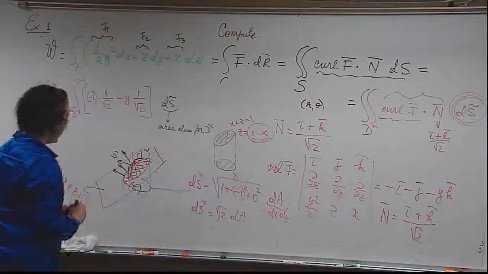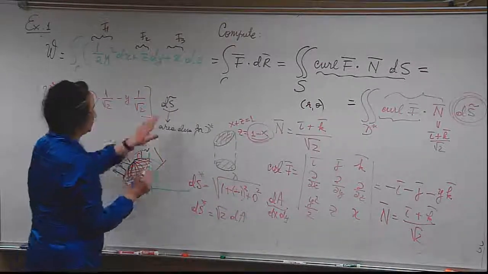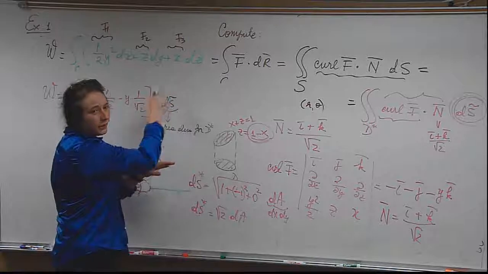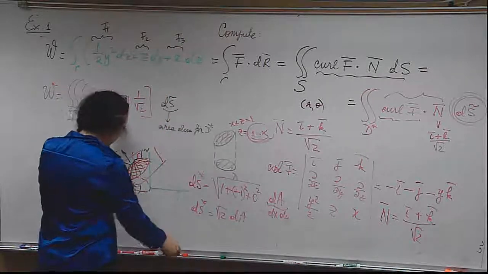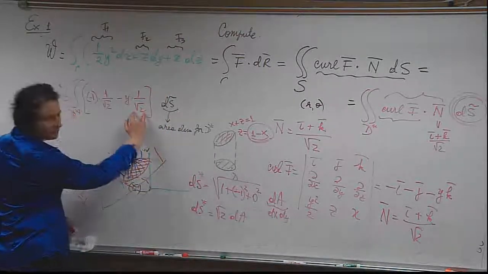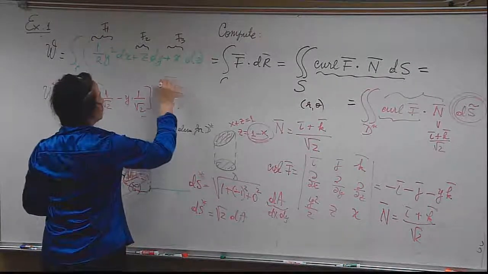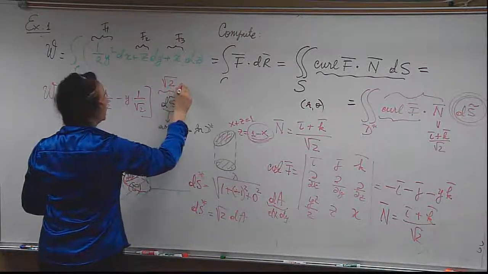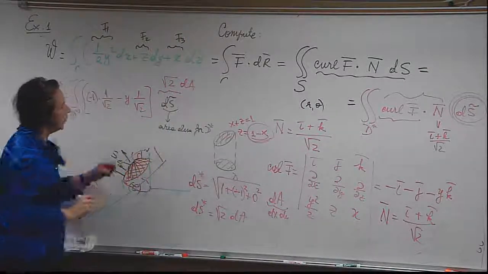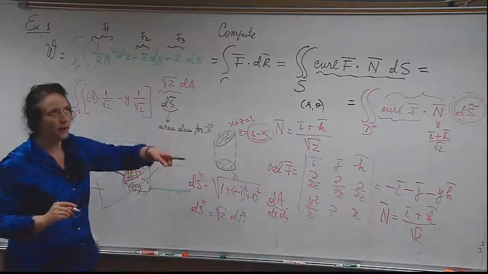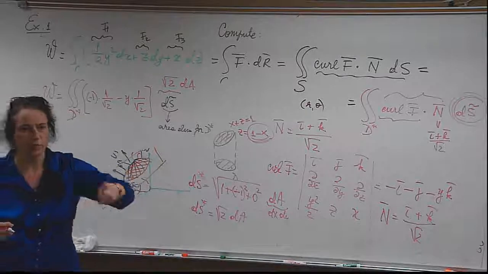Again, the old trick that I taught you guys is that this will always simplify with the element on the bottom of the n. Say what, Magdalena? Say it again. Square root of 2 dA. This is that magic square root of 1 plus f sub x squared plus f sub y squared.